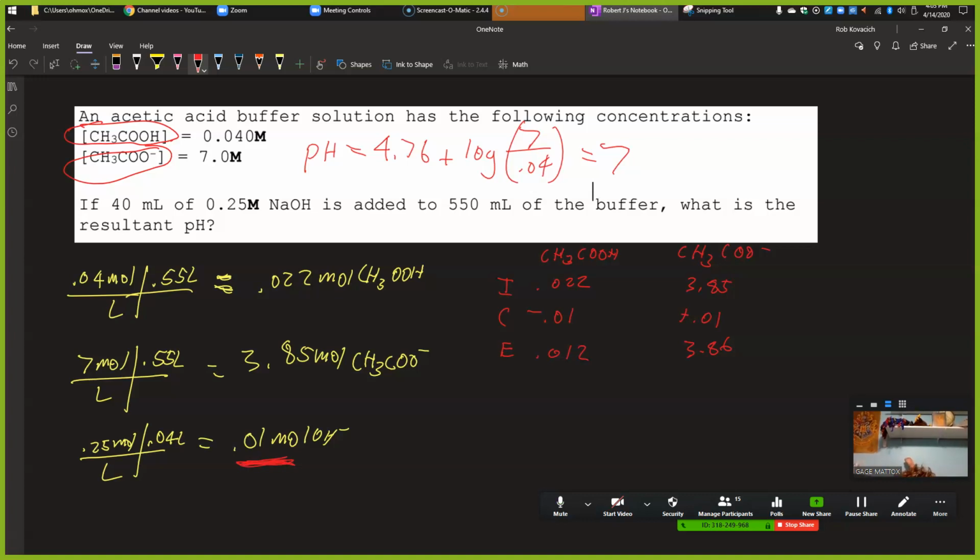So it starts at 0.022 and we subtract 0.01, correct? Yeah. So wouldn't that become 0.012? Oh, okay. I was forgetting a decimal place.